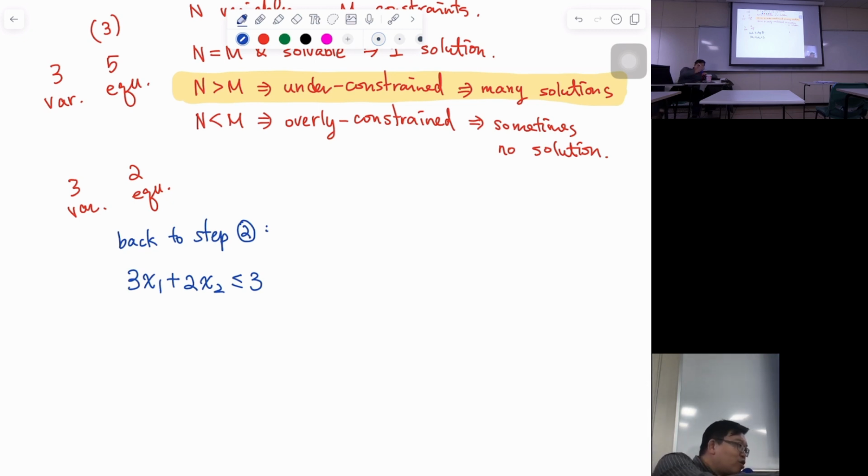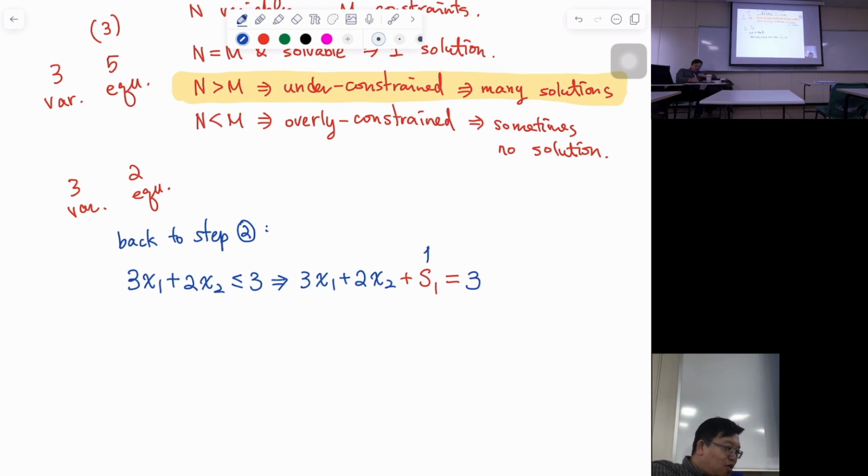So we are going to introduce something very interesting. On the left-hand side of the equation, I'm going to add S1. And on the right-hand side, I'm going to put equals, keeping the constant on the right. So we add one more variable on the left-hand side.